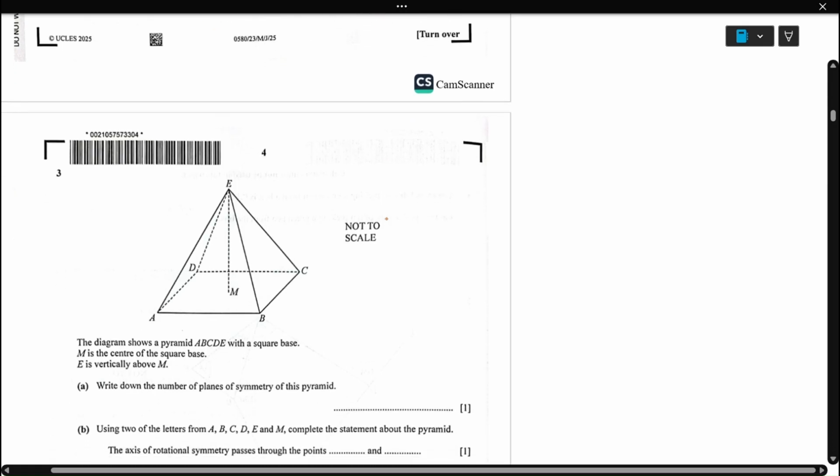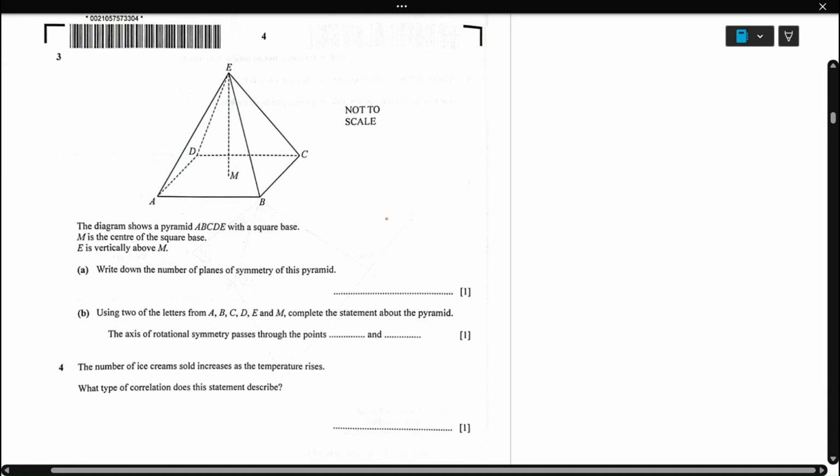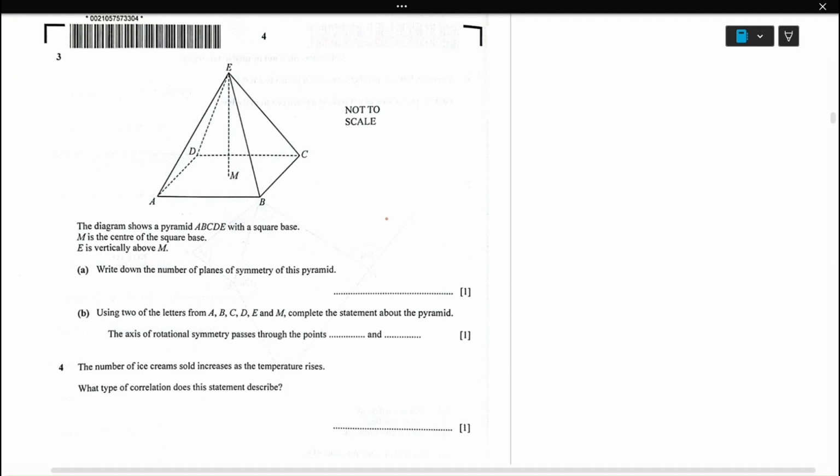Okay, so let's go for question 3. The diagram shows the pyramid ABCDE with a square base. M is the center of the square base. E is vertically above M. Write down the number of planes of symmetry of this pyramid. Obviously it's four-sided, and because all the sides are regular, we get 4 planes of symmetry.